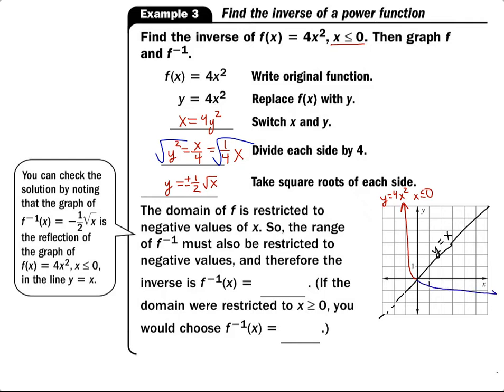And so what you get is this line here. Well, not a line so much, actually, it's a graph. And this is y equals, we've got this 1/2, we've got this square root x business, and it's on the negative side, so it's negative 1/2, right? This is f inverse of x.